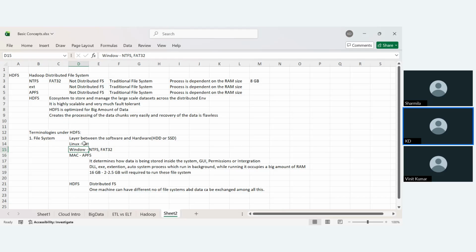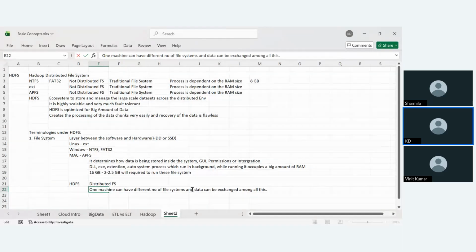In the same way, for the Linux file system, whatever partition you are using, when you have to execute something or make some changes, ultimately you have to come back to the ext system. In the same way in Mac also. But when you are using HDFS, it creates a number of partitions at a time, and the spaces can be exchanged among these, right?